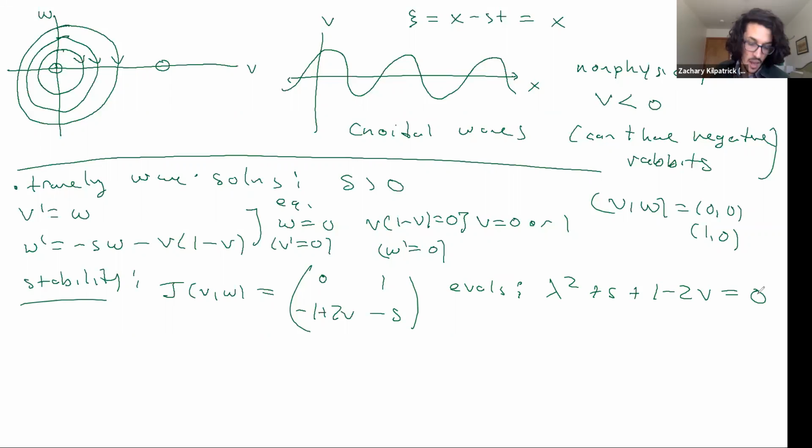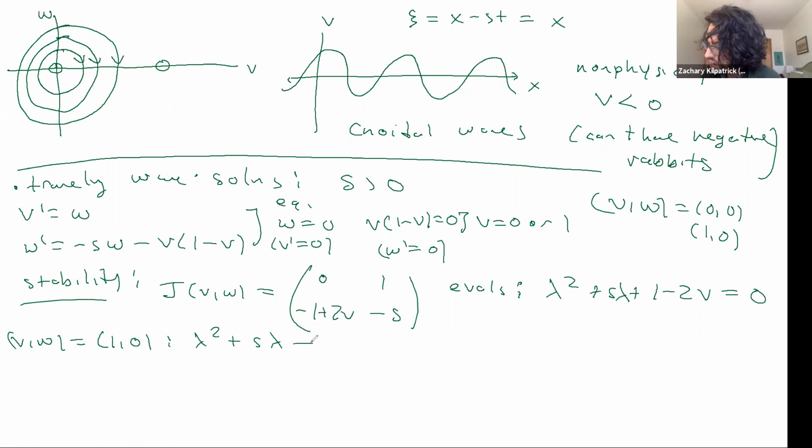Okay. And so in the case of (v, w) equal to (1, 0), let's see what eigenvalues we get in that case. Sorry, I missed a lambda here, excuse me. So in that case, we have lambda squared plus s lambda minus 1 is equal to 0.